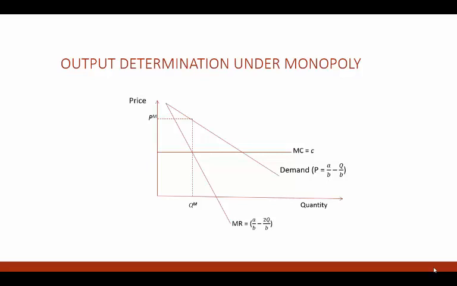Profit is maximized at the output level where the horizontal marginal cost curve intersects the monopolist's marginal revenue function, which is at the level QM. And the monopolist prices her product at a price given by her demand curve at that output level, which is PM.